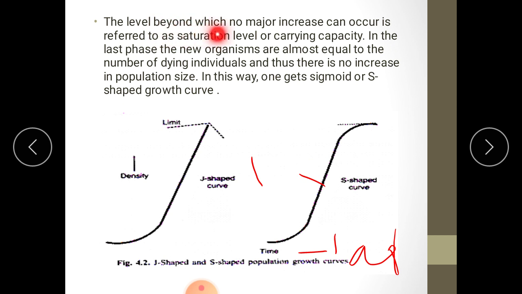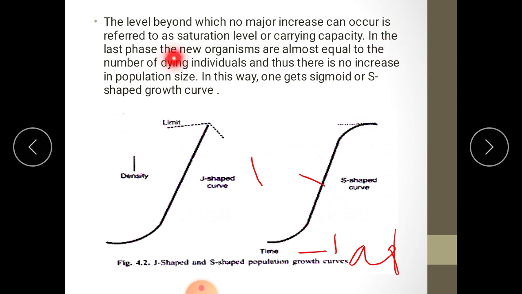The level beyond which no major increase can occur is referred to as saturation level or carrying capacity. Beyond this level, the population doesn't show growth. Carrying capacity of that particular area is saturated, reached its peak.